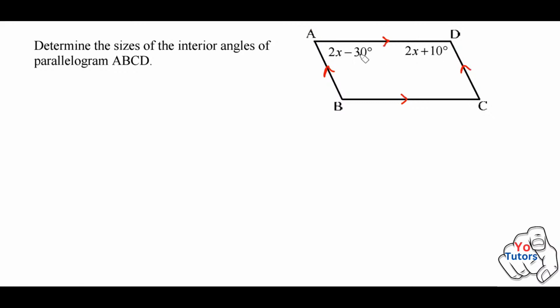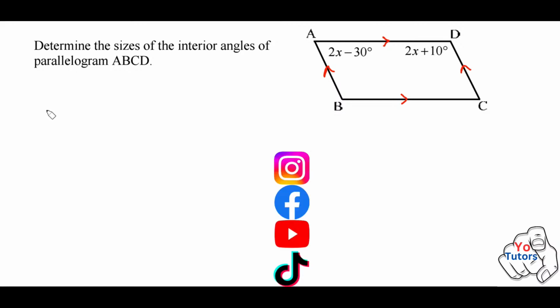Looking at these two angles here, they are co-interior angles. What do co-interior angles do? They are supplementary, meaning they add up to 180. So we can use that information to calculate the angles.